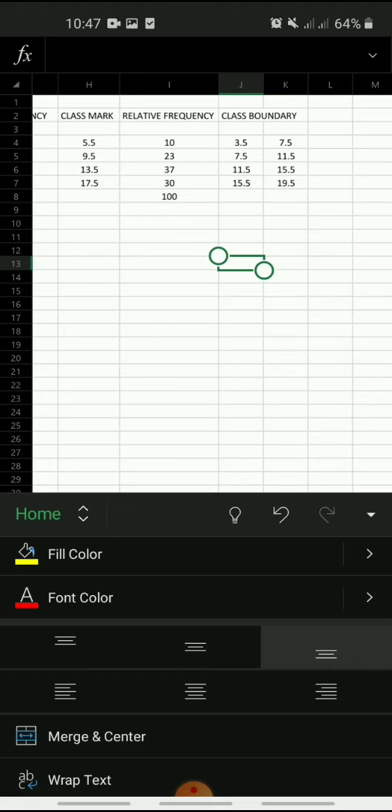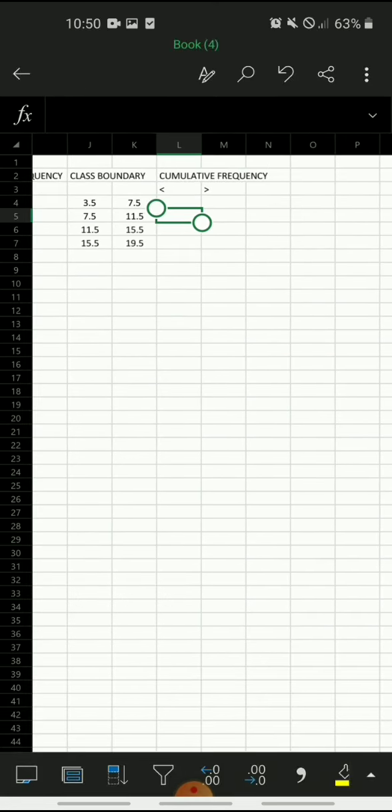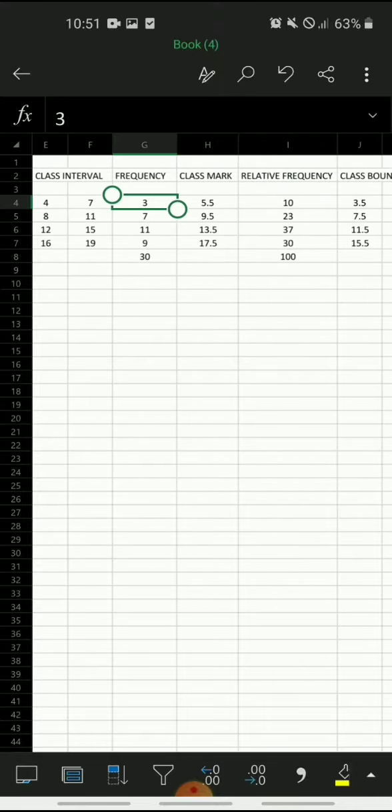The next thing we will find is the cumulative frequency. First, we automatically put down the first number of the frequency. Then the first number will be added to the second number of frequency.